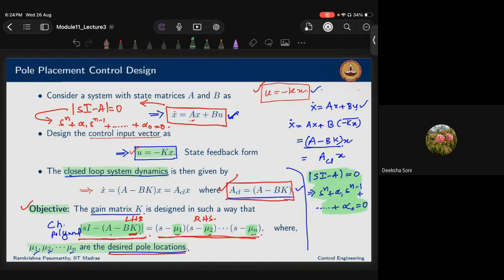Once we substitute that K, the closed loop system will have the roots mu1, mu2, up to mu_n. They are nothing but the desired poles. Is this idea clear?